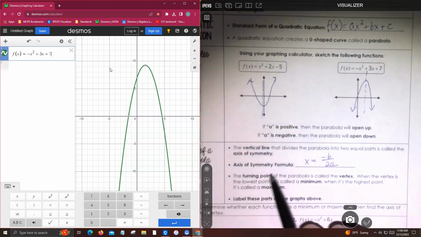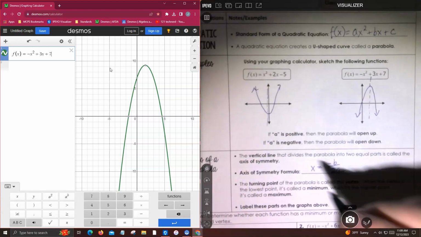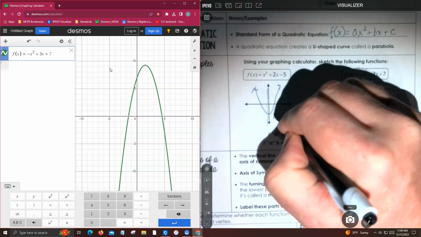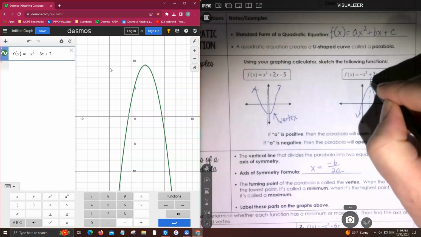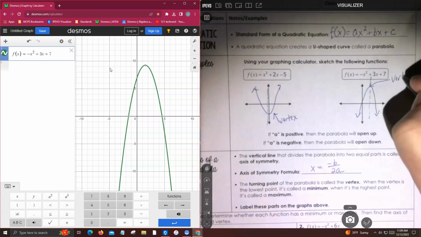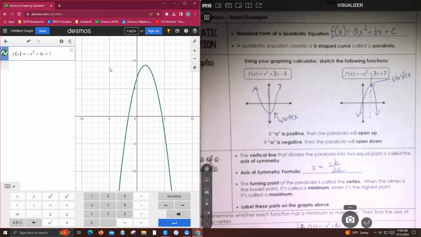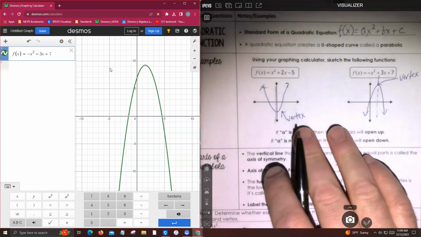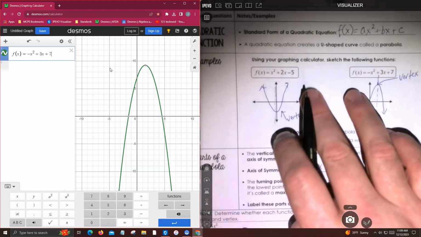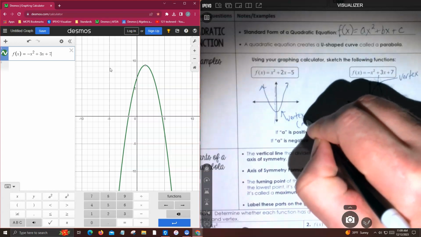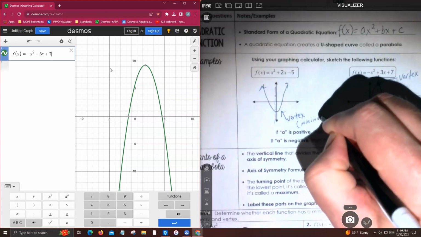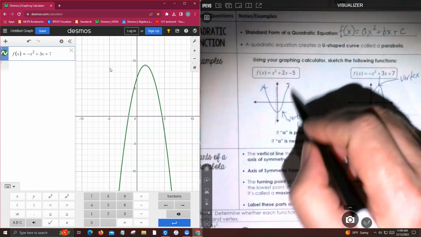All right. The turning point of the parabola is called the vertex. So again, we're labeling as we go. That's the vertex. It's a point. If the parabola opens up, then this point would be considered the minimum, because that's the smallest, the lowest point.